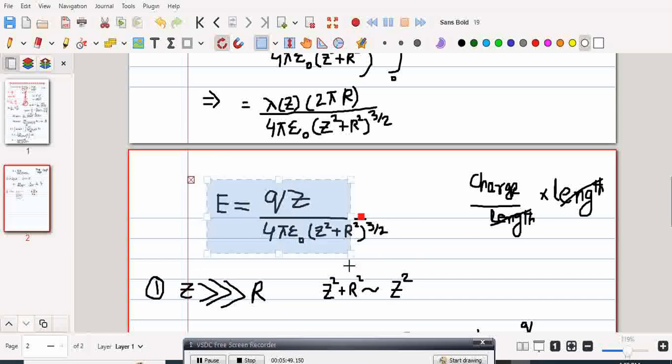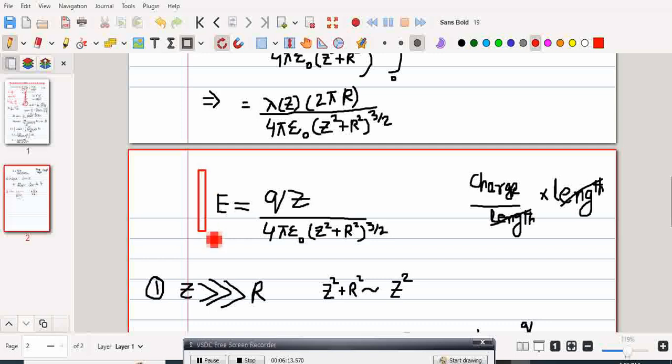Now we take two assumptions. In exam, when you complete this, you put it in a box like that.